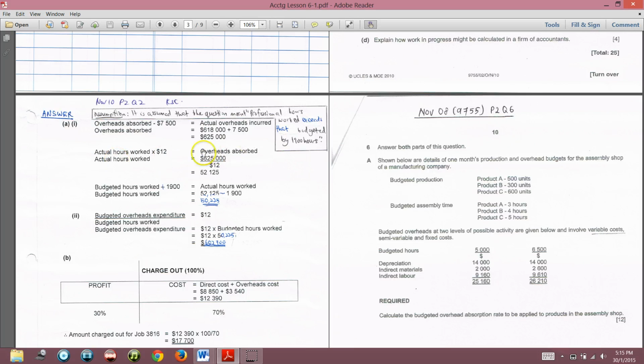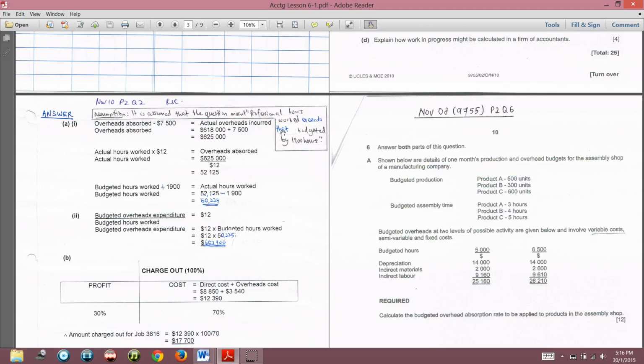So overhead absorbed equals the overhead absorption rate, which is $12, times actual hours worked. So actual hours equals overhead absorbed, 625,000, divided by 12, which is 52125.